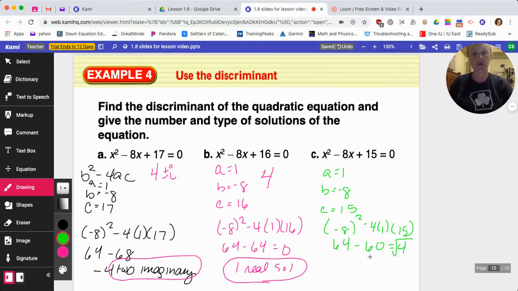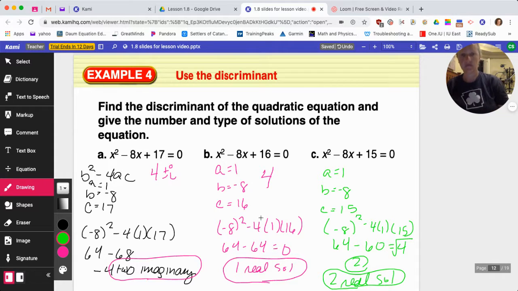So the square root of 4 is 2. So I have 2 real solutions because my answer in the discriminant is positive. And it's actually 3 and 5 that are our 2 solutions. Okay, so that was example 4.